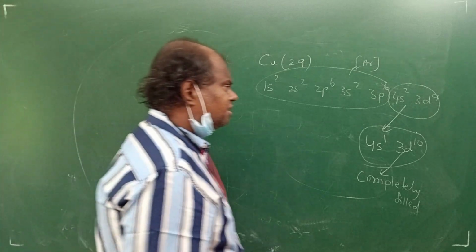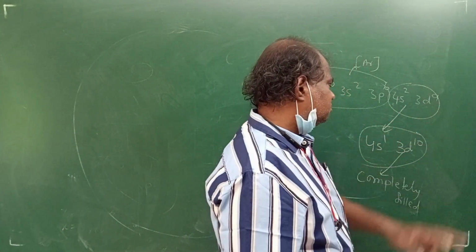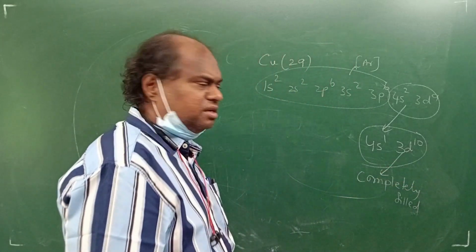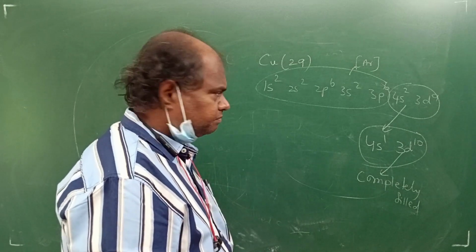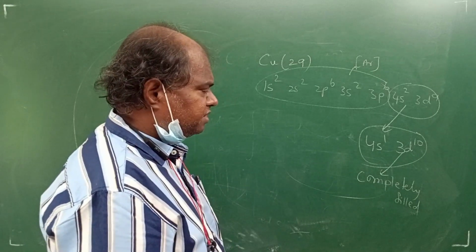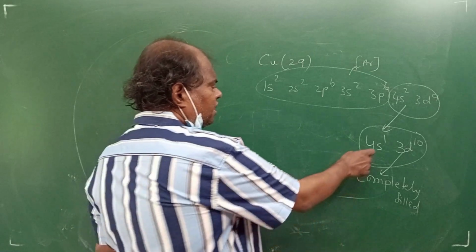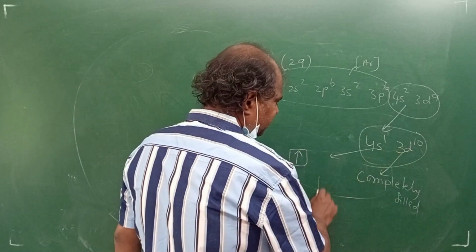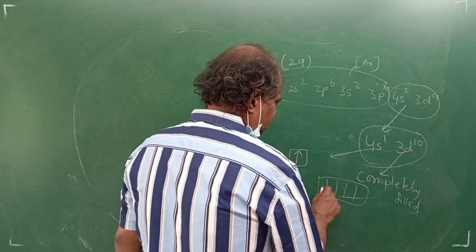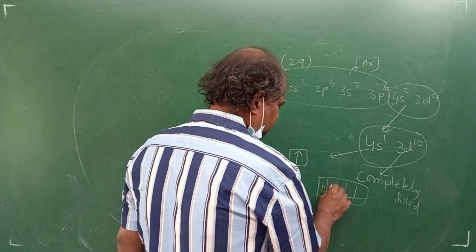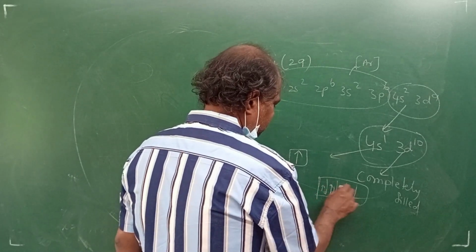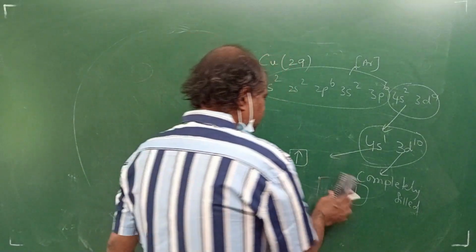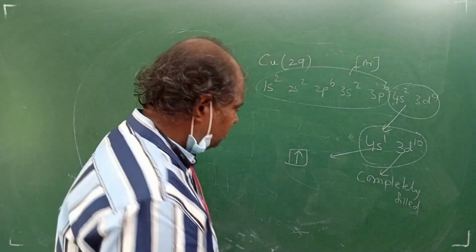So you are shifting one electron from the s orbital to the d orbital, 4s1, 3d10. Now, only one unpaired electron will be there in 4s. That's it. You need not draw the 3d10. It will be all paired only. Everything will be paired up, so there is no need of drawing 3d10. Only one unpaired electron is there.